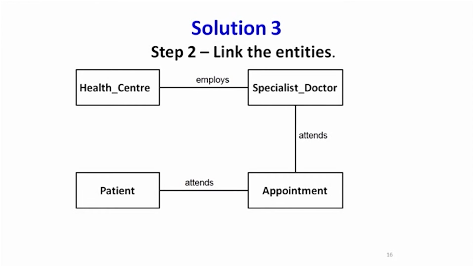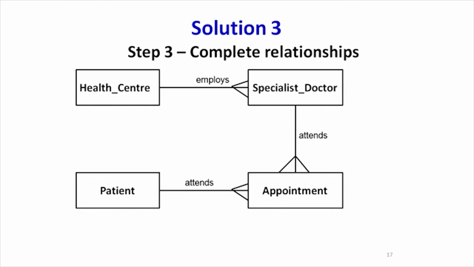Step 2, you need to link the entities. A health center employs specialist doctors, and a specialist doctor attends appointment, and also a patient attends appointment. Step 3, you need to complete the relationships. Health center employs one or more specialist doctors, and the specialist doctor attends one or more appointments with the patient.